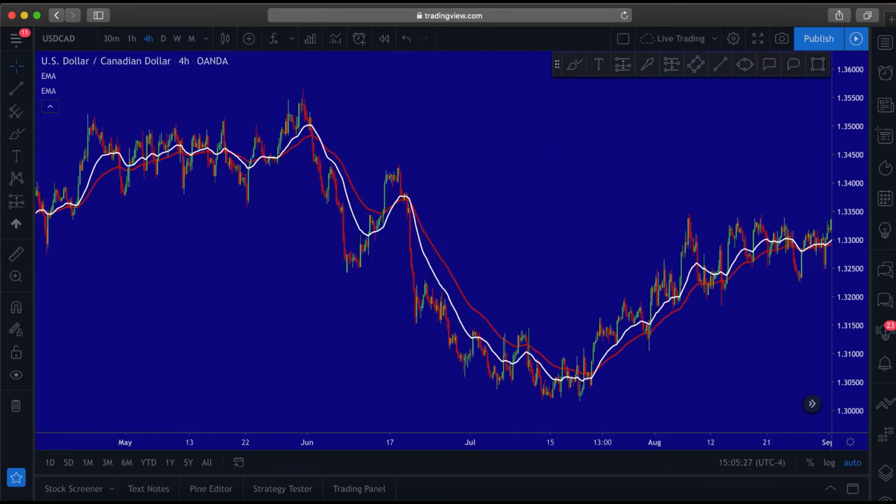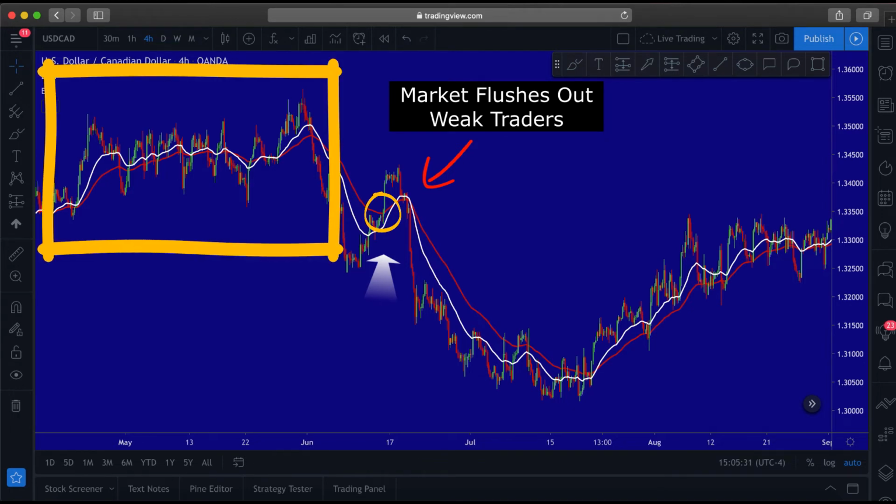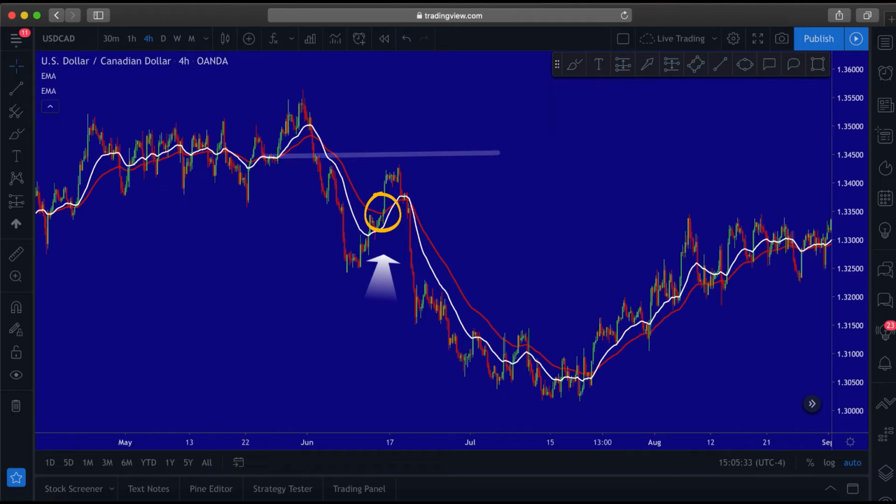Now, when price action would have come back and broke above the 26 and 55 EMA, that could have served as an exit indicator. However, for this position, because we understood the market gave us a reset, we know there's going to be a healthy pullback. So we would have placed our stop loss about 10 pips above the exponential moving averages.